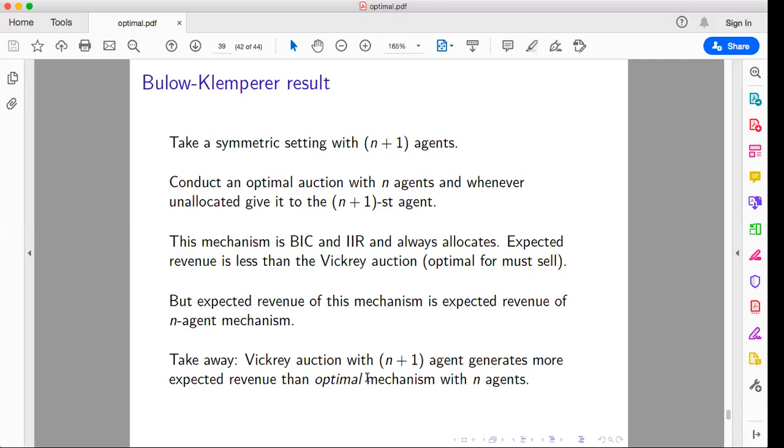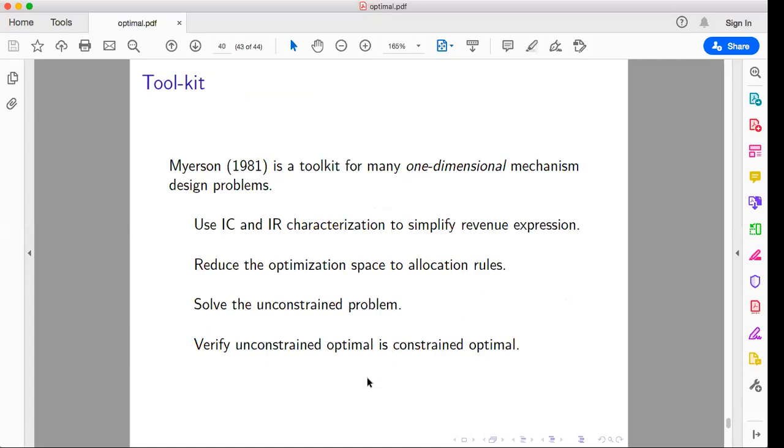Okay. So the other important thing, you should look at the assignment that I have set. The Myerson toolkit is not about the single object auction only, but it is for many one-dimensional mechanism design problems. The toolkit is very, very standard now in mechanism design, and you can use it in any mechanism design problem where the type is just one number.